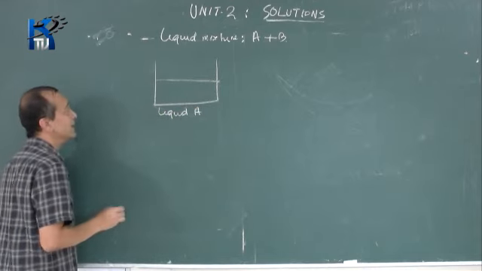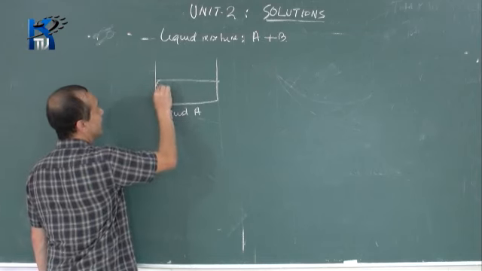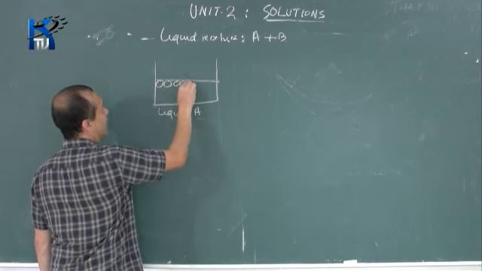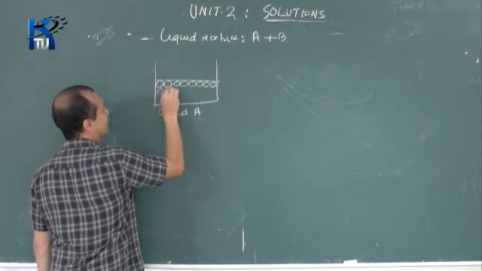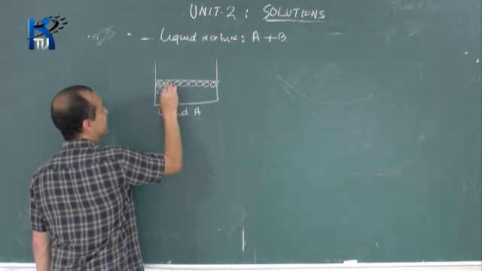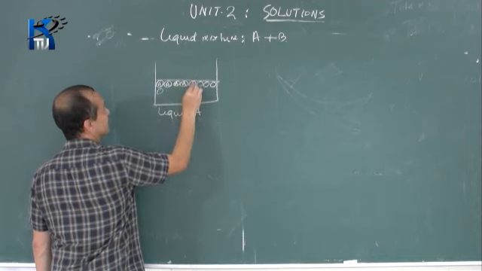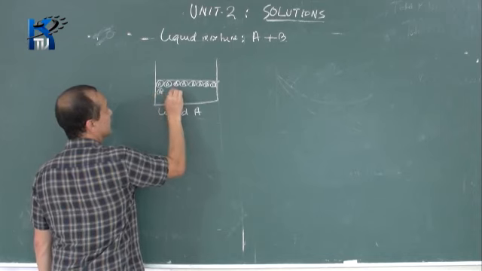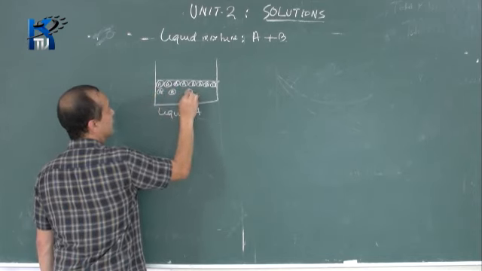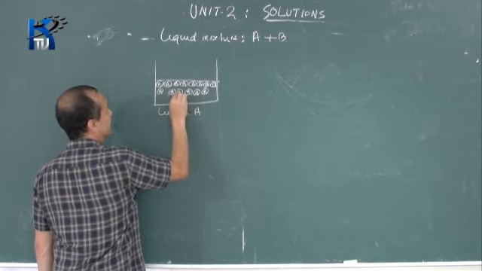Liquid A. Now you know that in liquid A, there are molecules of A everywhere in the bulk of the liquid, along with that on the surface. These are all molecules of A on the surface as well as in the bulk.